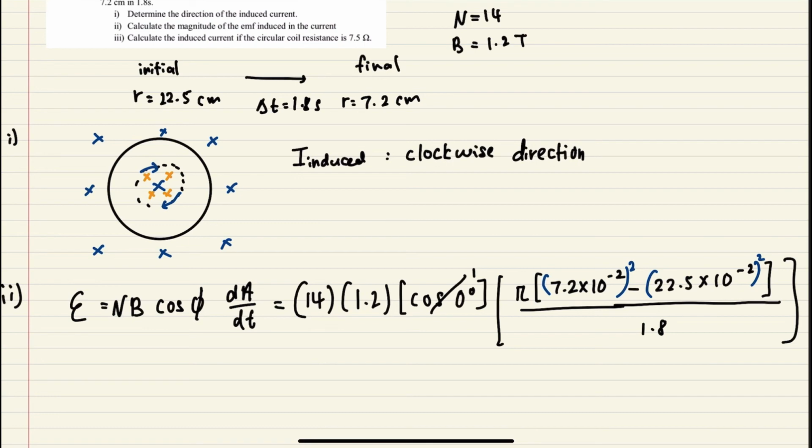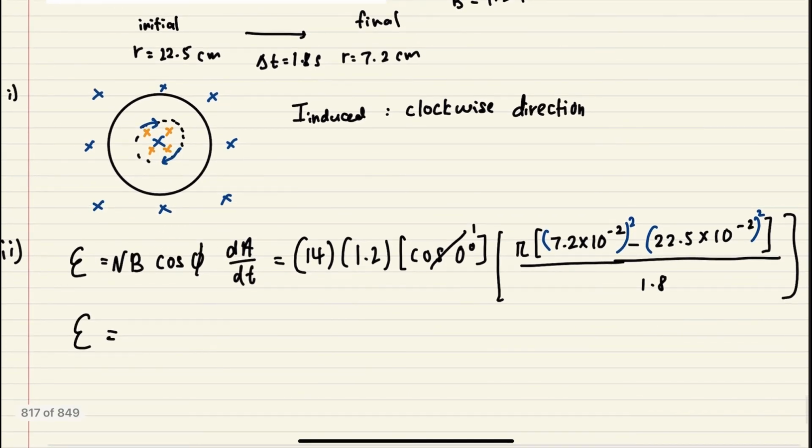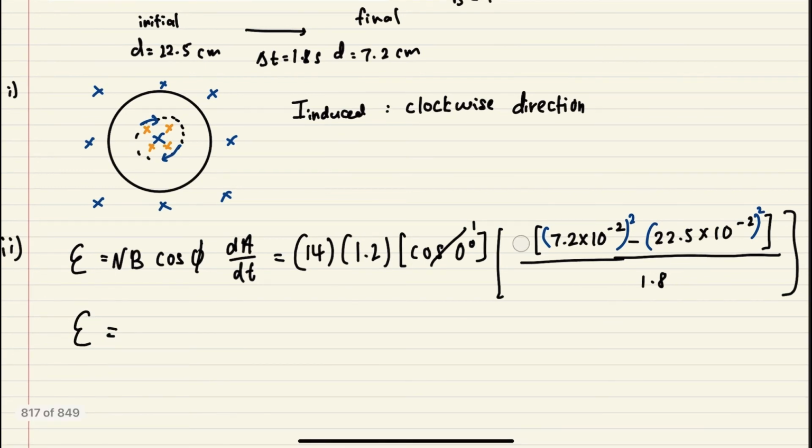So here I got a positive value, but this one is diameter, is it? The diameter, so you have to change. This one is not radius, so I still have to divide by 4 over here. So again, you might be better off calculating separately.